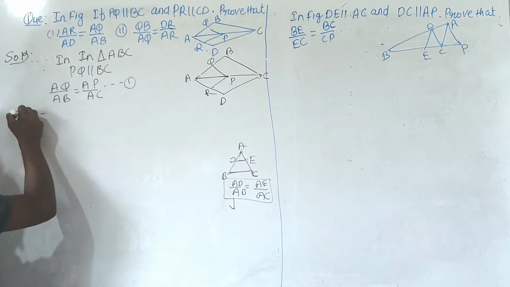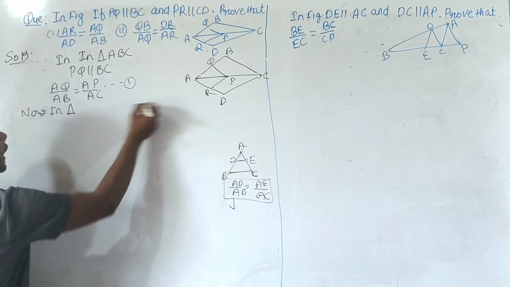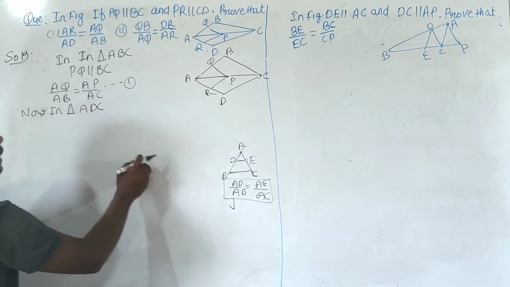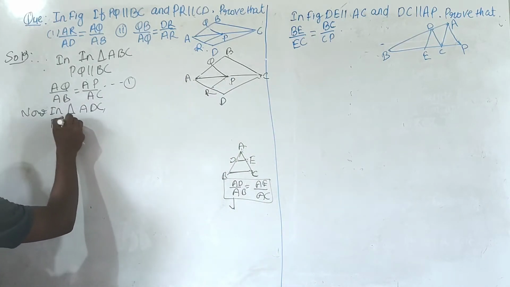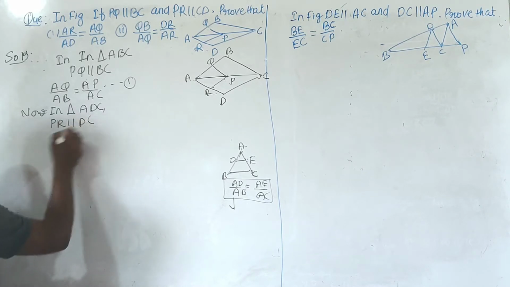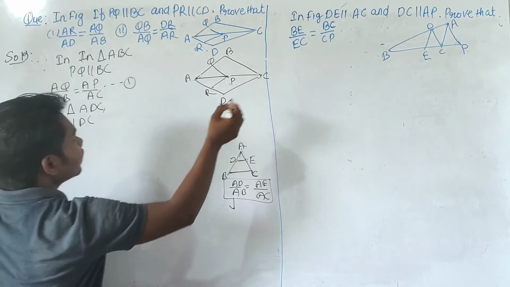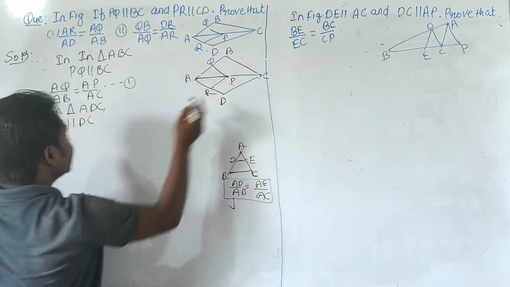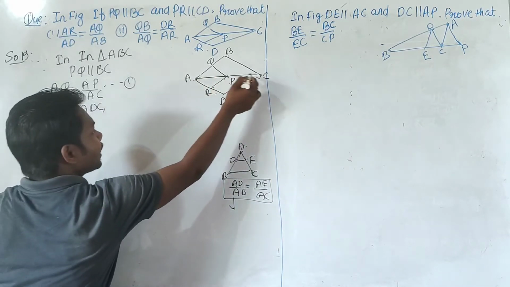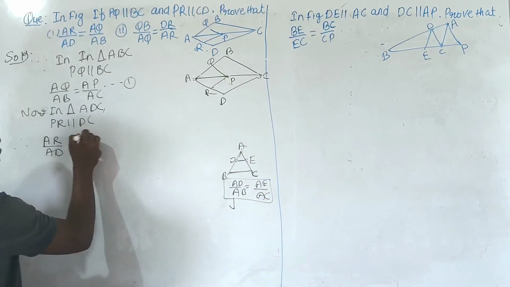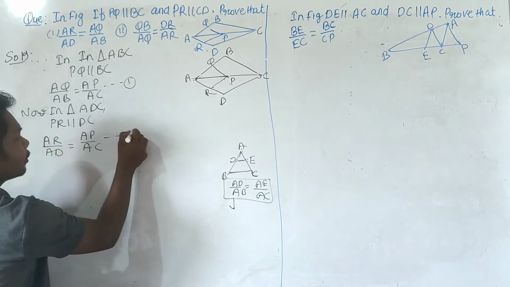So in triangle ADC, PR parallel to DC, again we can say AR by AD will be equal to AP by AC. This is according to the corollary of Thales theorem. Suppose this to be equation 2.